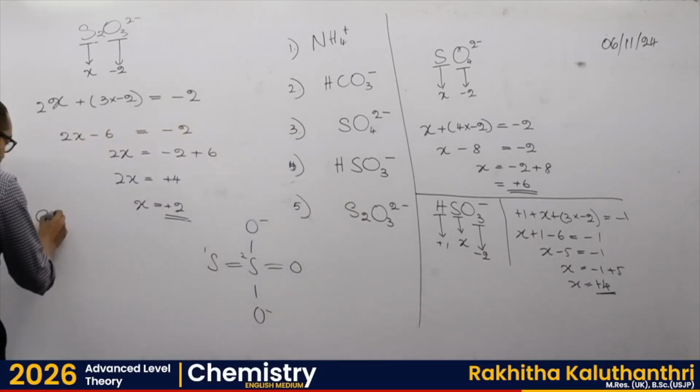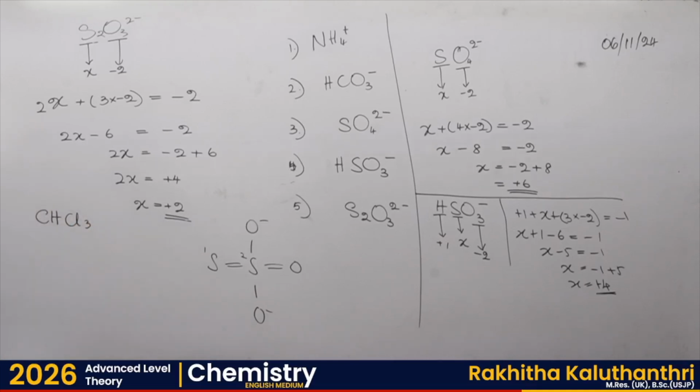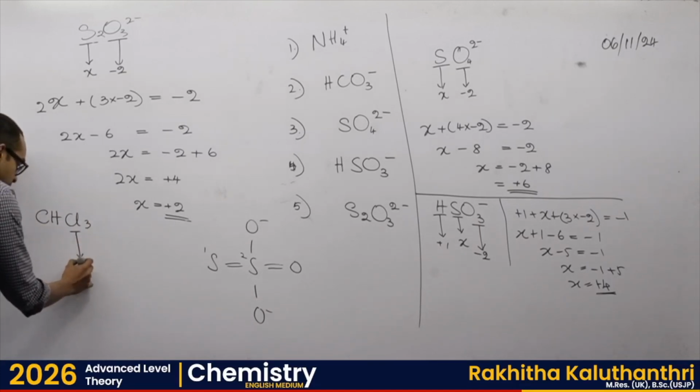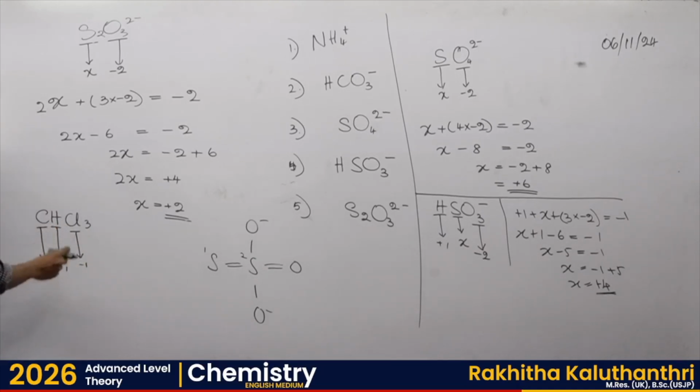Others you can, like for example, another one just before we wrap it up, something like CHCl3. Now we learned according to the rules, halogens are usually -1. So this one is -1, this one is +1. We don't know carbon because carbon's oxidation number can change based on the compound.